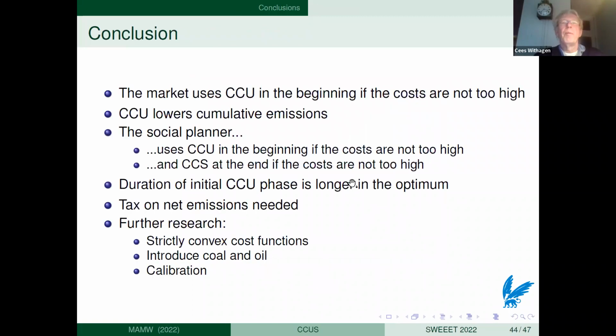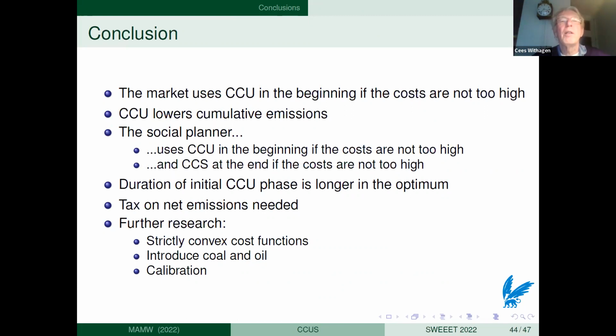So the conclusion reads that the market uses CCU in the beginning, if the costs are not too high. We can identify the cost for capturing and storage at which there is this divide between the two.